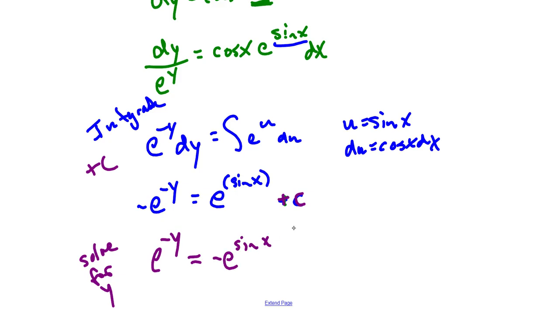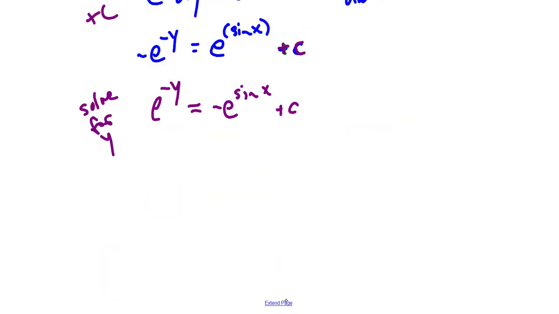The negative distributed here just keeps it as plus c, so that doesn't change. From here, we want to now get rid of this. We're going to natural log both sides. So when we natural log e to the negative y, we'll have natural log, put absolute values there, of e to the sine of x plus c.